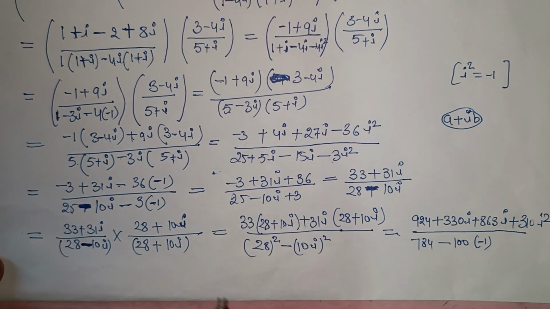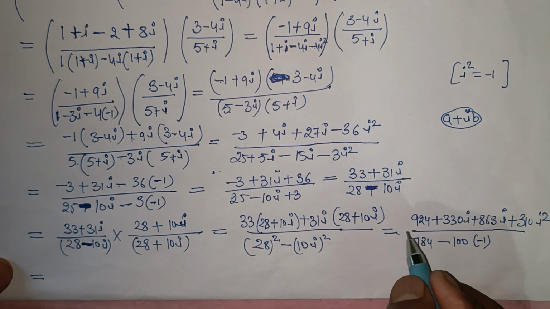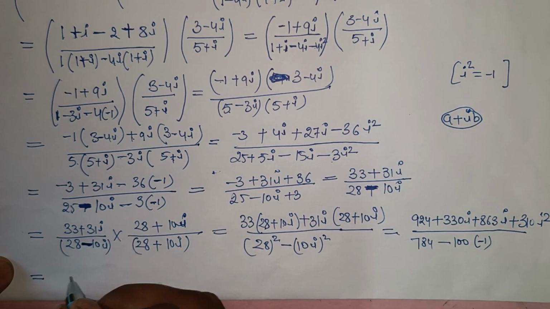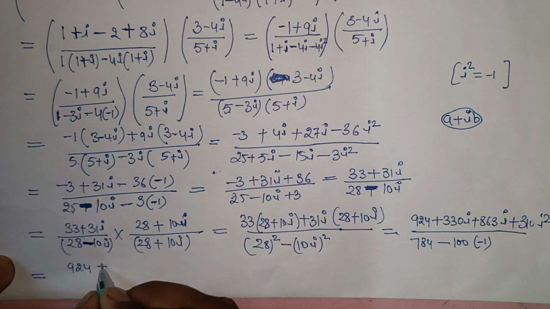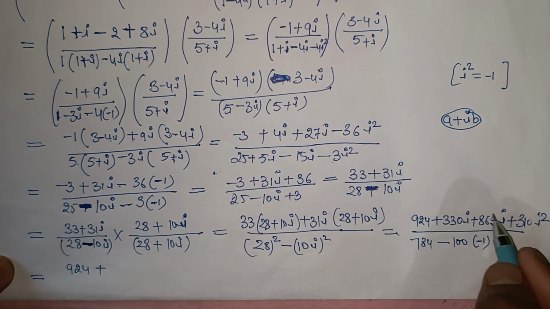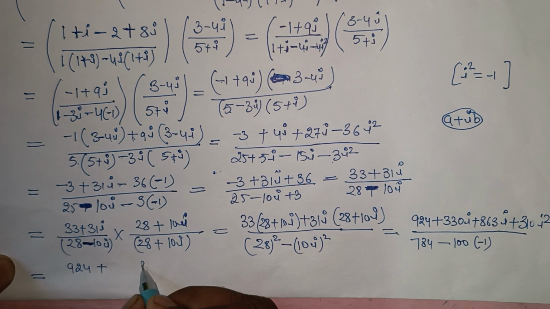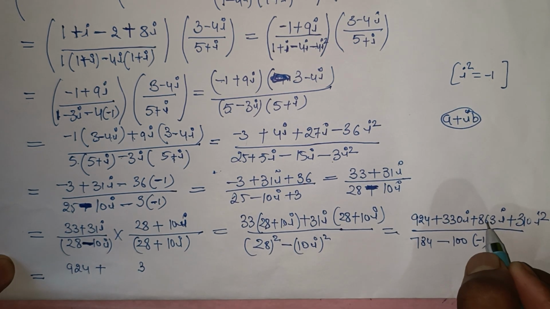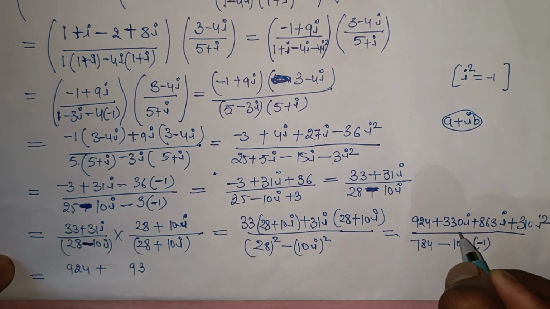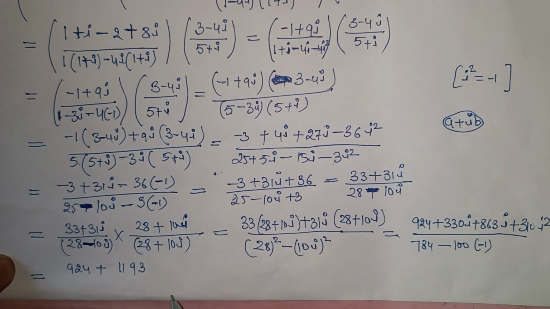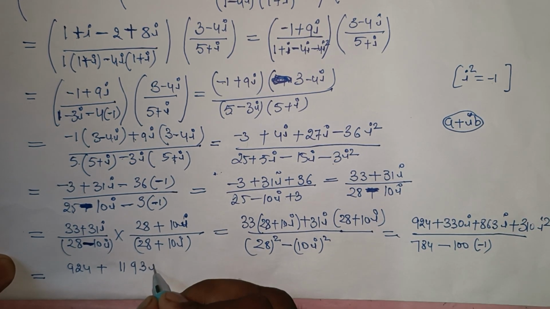Okay, so when we add the like terms, 330 iota plus 868 iota gives 1198 iota.